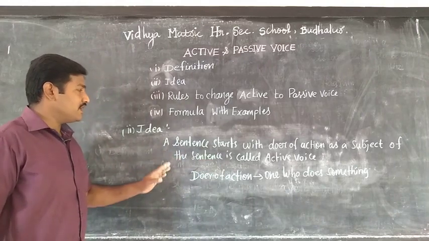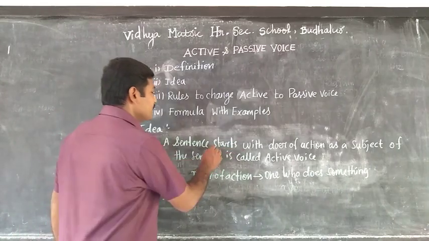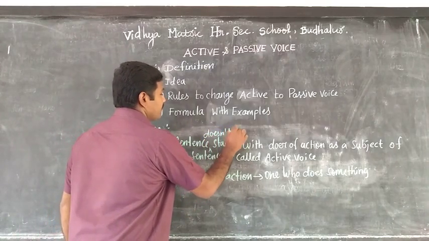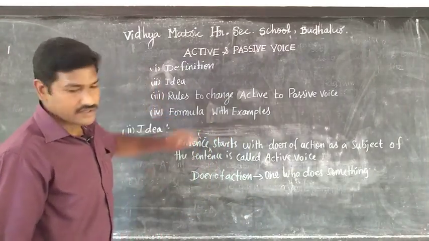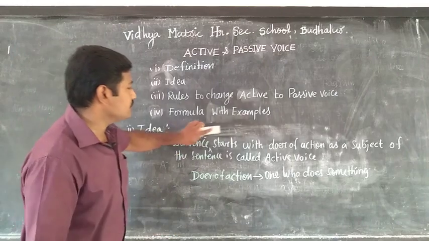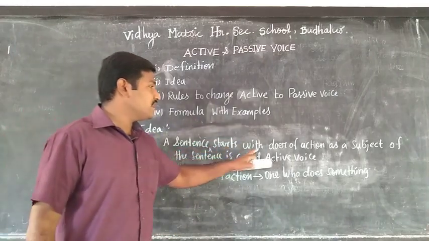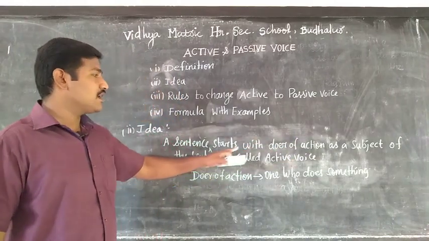Idea for the passive voice: a sentence does not start with, here a very simple change, does not. This is for active voice: a sentence starts with the doer of action as a subject of the sentence is called active voice.